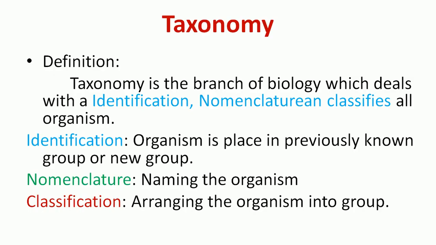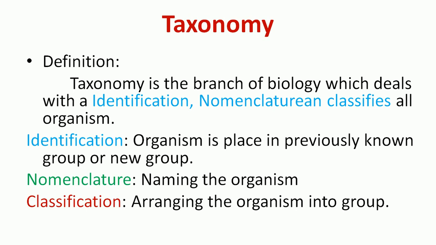Then we initiate the part of taxonomy. Firstly, we go through the definition of taxonomy. Taxonomy is a branch of biology which deals with identification, nomenclature, and classification of all organisms. Three terms belong to the taxonomy part.